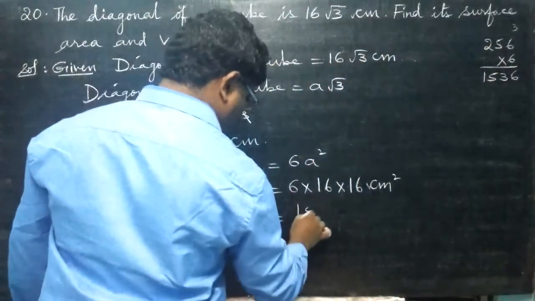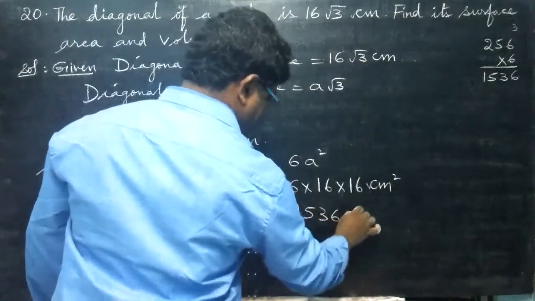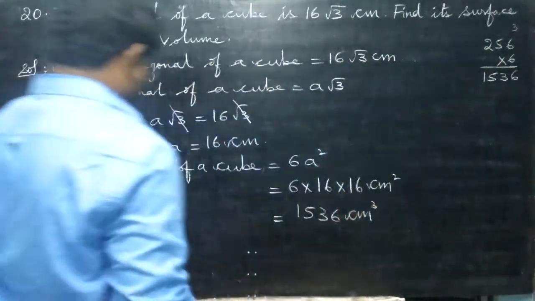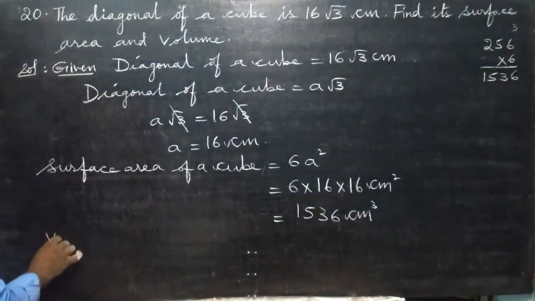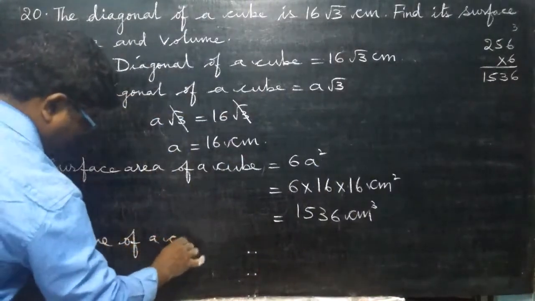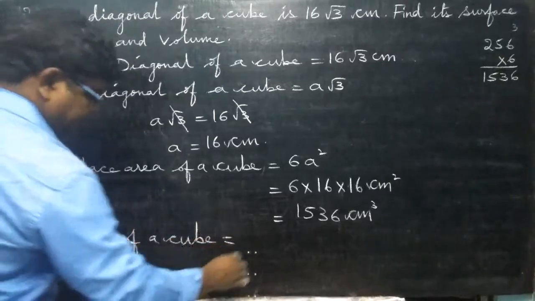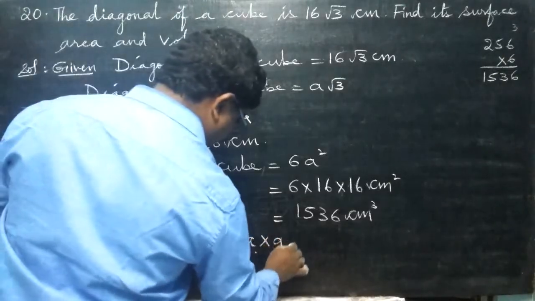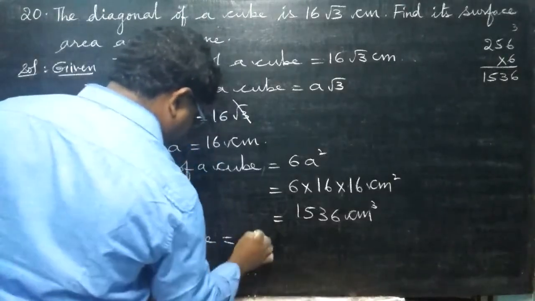So 1536 centimeters square. Now they are asking to find volume also. Volume of a cube is equal to A into A into A, or directly write A cube.